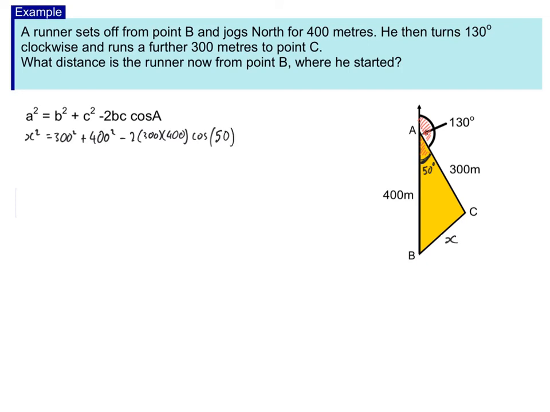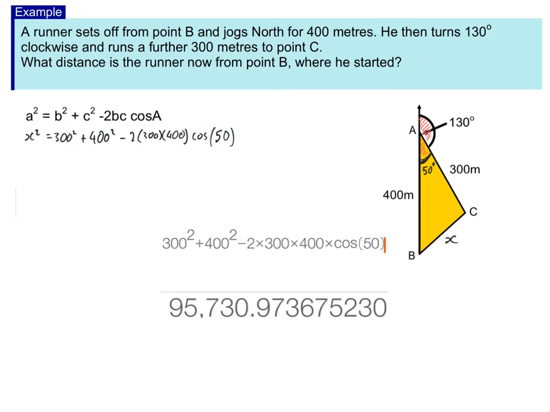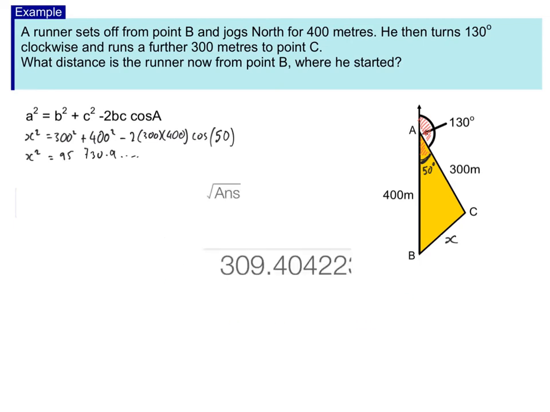Again, all of this gets plugged into a calculator in one go. So there, my calculator has given me x squared equals 95,730.9, and so on. Now remember, this is x squared, so I'm going to have to take the square root of this value. So again, sensible calculator use, your answer button.